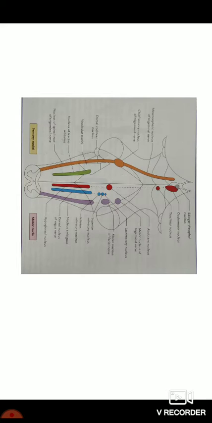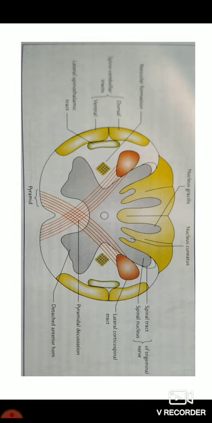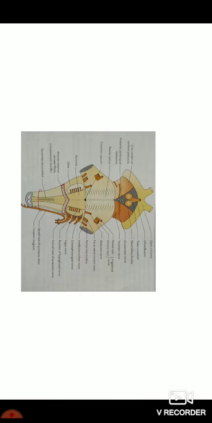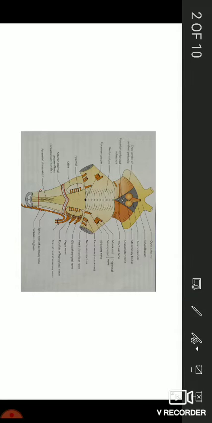Coming to the internal structures, we will take the internal structures at 4 levels. One level is at the decussation of the pyramid, and another will be at the decussation of the medial lemniscus.